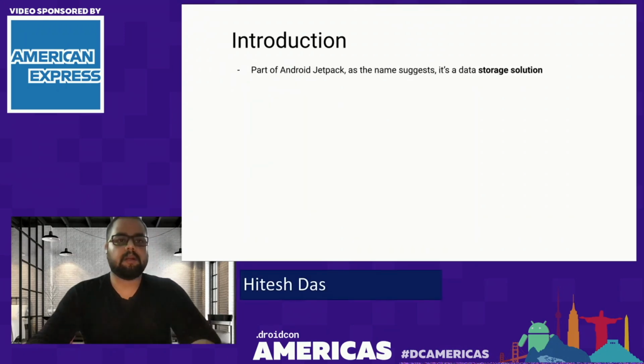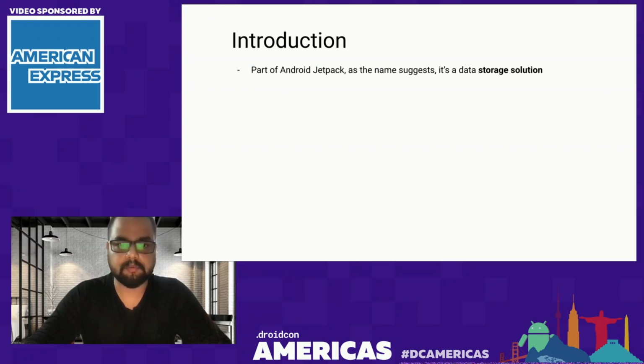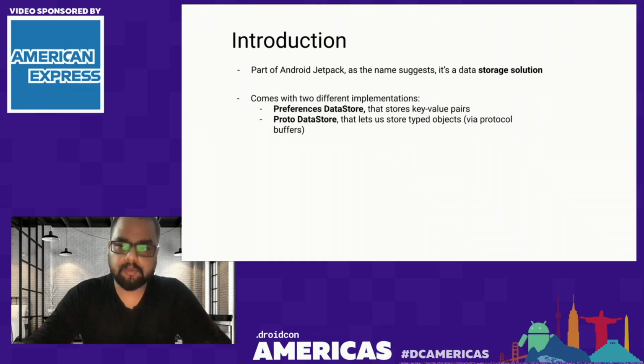Okay, so an introduction to DataStore. As the name suggests, it's a data storage solution. It's a part of Android Jetpack and introduced in Android 11. It comes with two different implementations. One is Preferences DataStore, which stores key-value pairs.